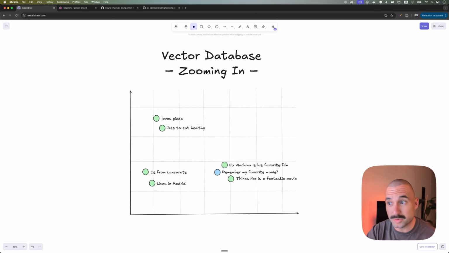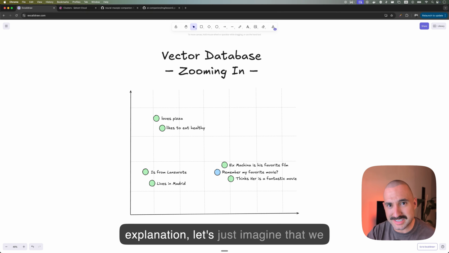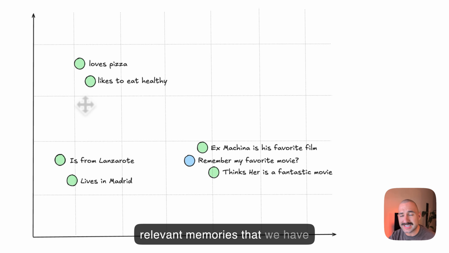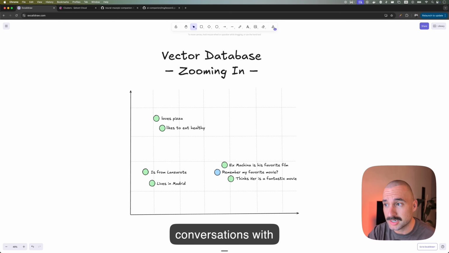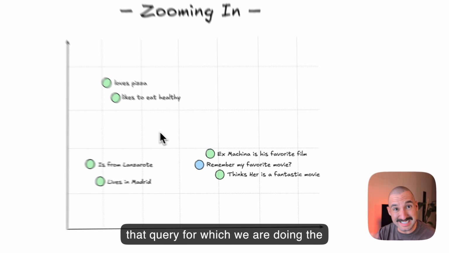A vector database would store these high-dimensional vectors, but for the sake of this explanation, let's imagine that we have just 2 dimensions. What I have represented here in green are the relevant memories that we have already extracted in past conversations with the user. And in blue, we have the query for which we are doing the semantic search.